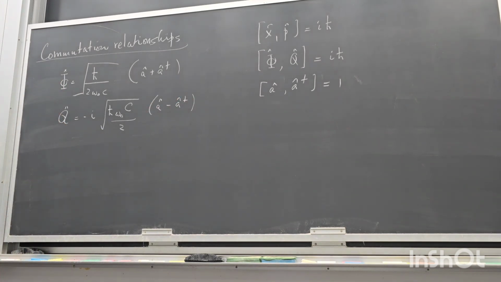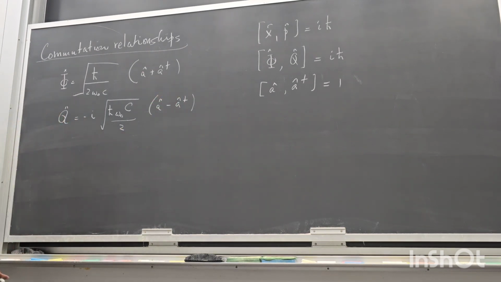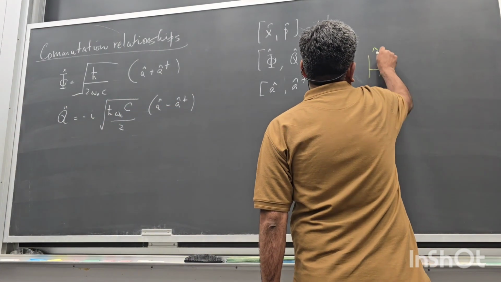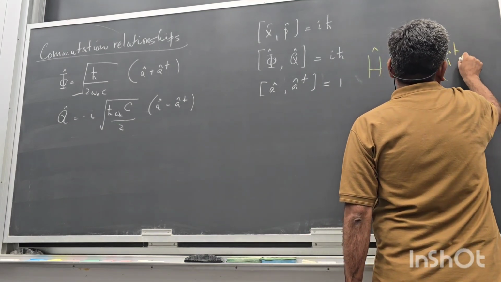Okay, so I just take these operators, insert them into the Hamiltonian, do all the algebraic stuff, look at the commutation relationships between the ladder operators, apply those operations as you normally do in any second quantization problem, and lo and behold, you obtain a Hamiltonian which is identical to the Hamiltonian for any harmonic oscillator.